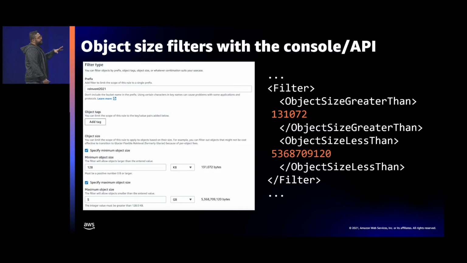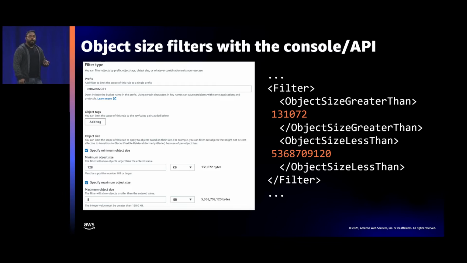So for example, in this one, I have set a floor of 128 kilobytes and set a ceiling of 5 gigabytes. Within the console, you'd be able to use different size units that work for you. So with this lifecycle policy, the objects that are going to be transitioned or expired will live in that size bound, higher than 128 kilobytes, but less than 5 gigabytes.